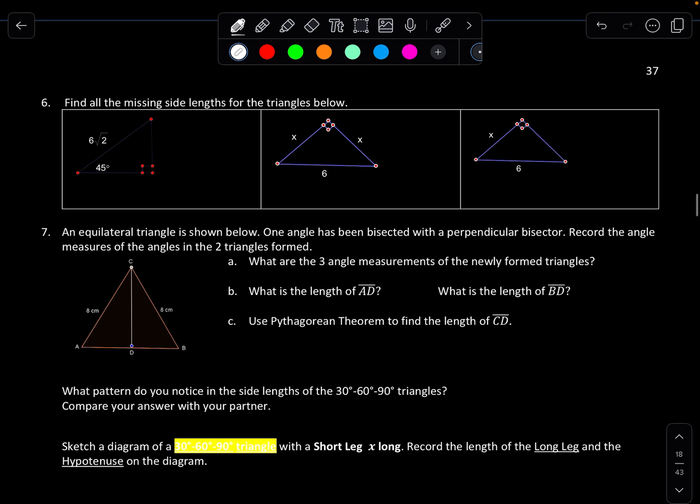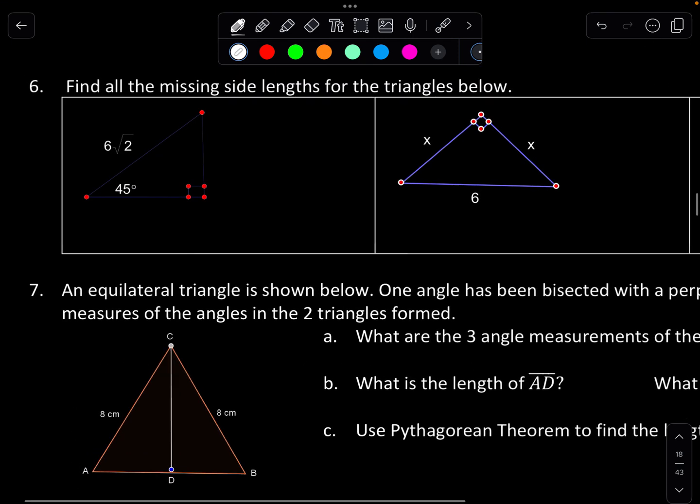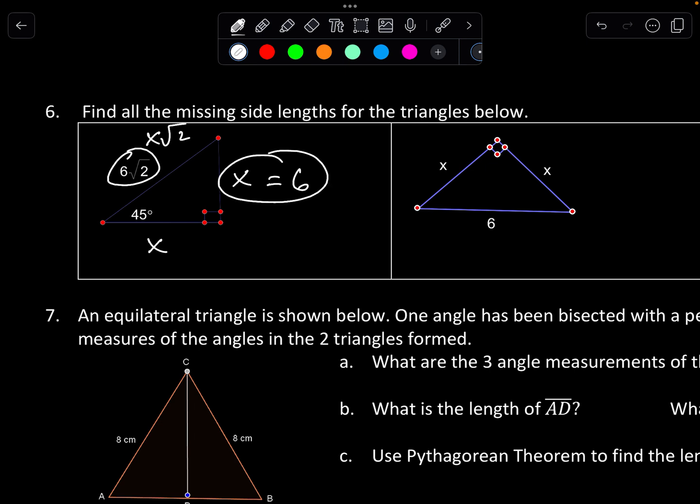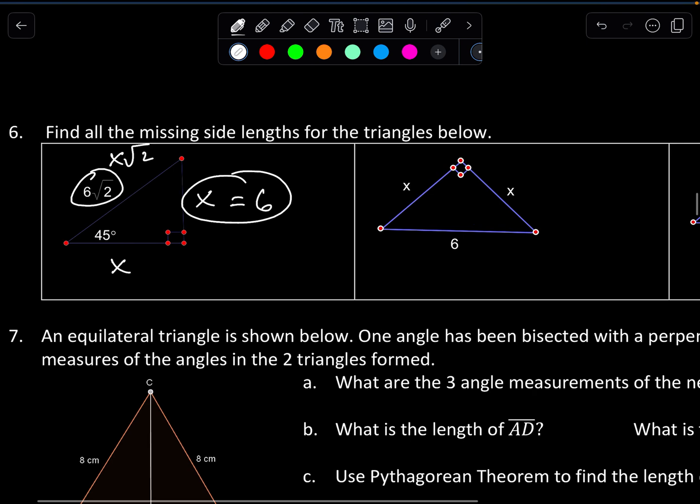Okay. Find all the missing side lengths for the triangles below. Well, if this is 6 root 2, remember this was x, and this was x root 2. So what do you think x equals? 6. And now this is going to be a little tricky, because if that's x, and this is x root 2, that means 6 equals x root 2.